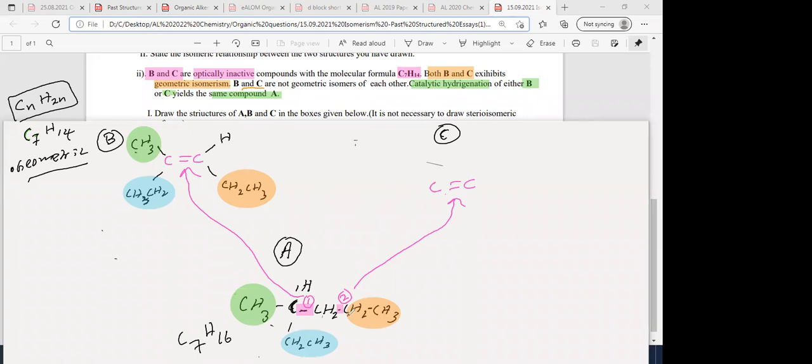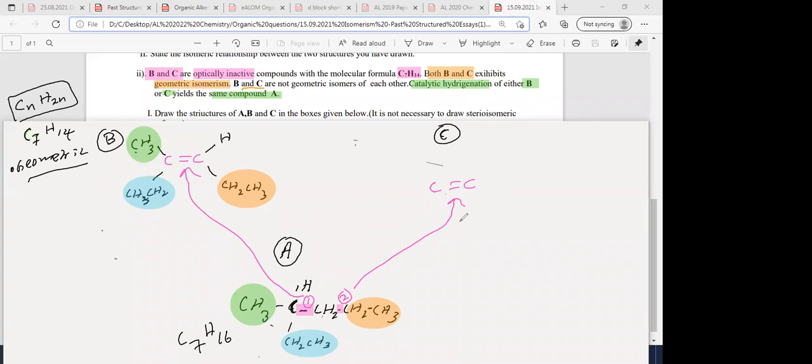So the only two places I can place the double bond are number 1 and 2. The green one and the blue one highlighted, I can't make a double bond there. You can put the double bond in other places, but you will not get geometric structures.